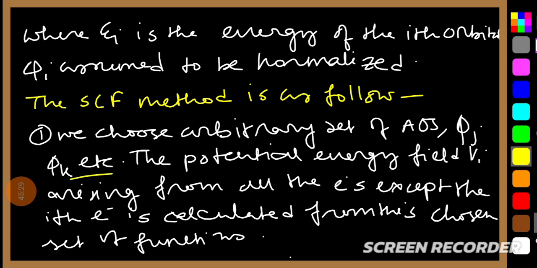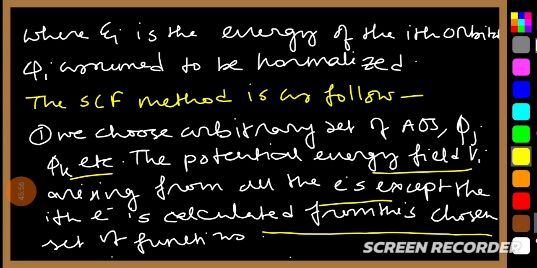Now the potential energy field, suppose Vi, arising from all the electrons except the ith electron, is calculated from this chosen set of functions. So ধরে নাও যে পোটেনশিয়াল এনার্জি তুমি সবার ক্ষেত্রে বার করতে পারবে শুধুমাত্র সেই সব ইলেকট্রন ছাড়া যাদেরকে তুমি চুজ করছো। Okay, that must be the step.